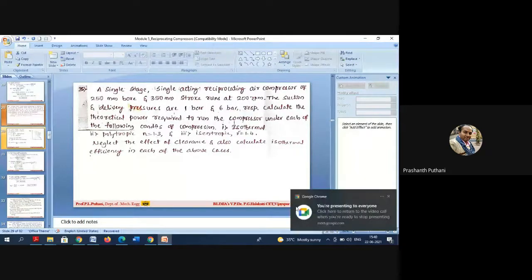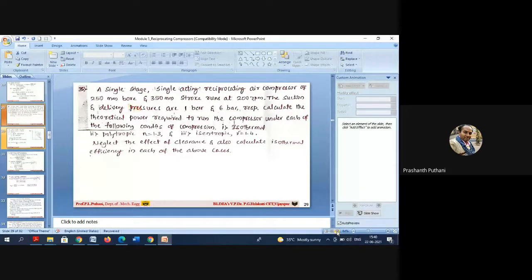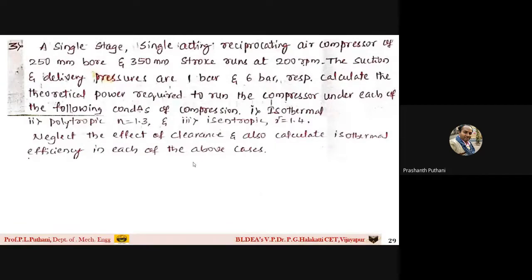As I was saying, the value of bore given is 250 mm, which means capital D is 0.25 meters. Then we have stroke. It is 350 mm, that is L is equal to 0.35 meter.